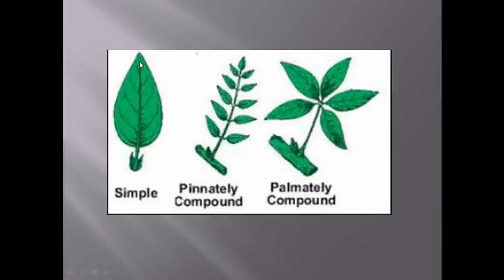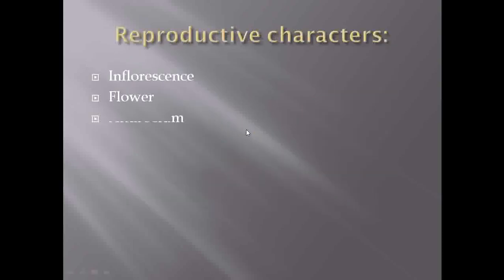See here, this is a simple leaf, this is a pinnately compound leaf, and this one is a palmately compound leaf. Next, after the vegetative characters comes the reproductive characters. Under the reproductive characters, whenever we are going to identify a particular plant species, we must know about the type of inflorescence, characteristics of the flower, androecium, gynoecium, and type of fruit.